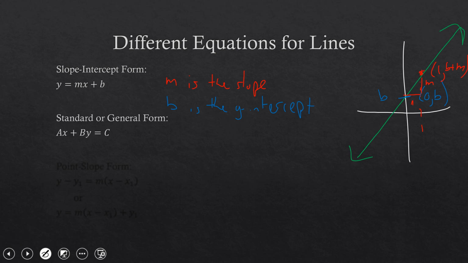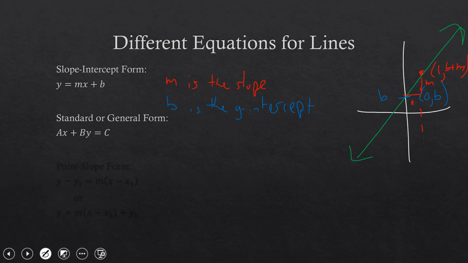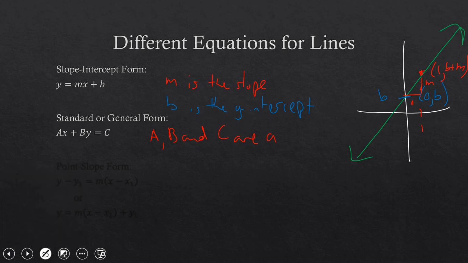Another form you might see for a line is ax plus by equals c, where a, b, and c are all integers, meaning whole numbers.